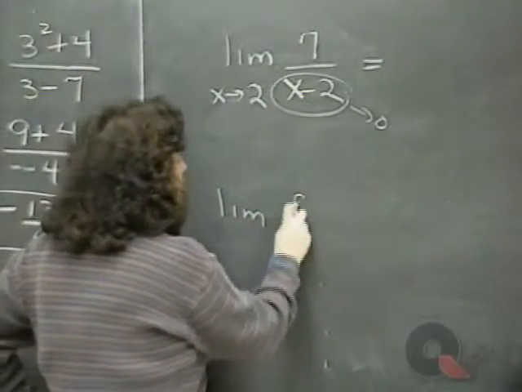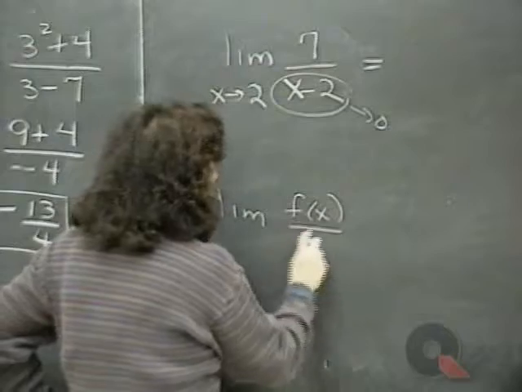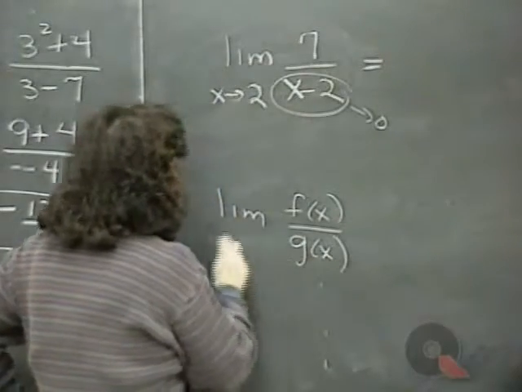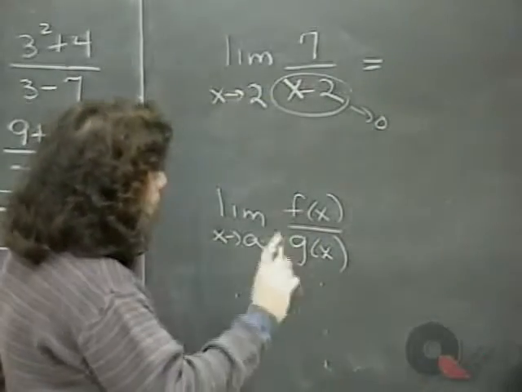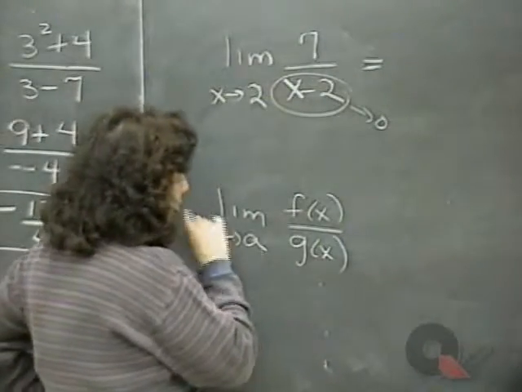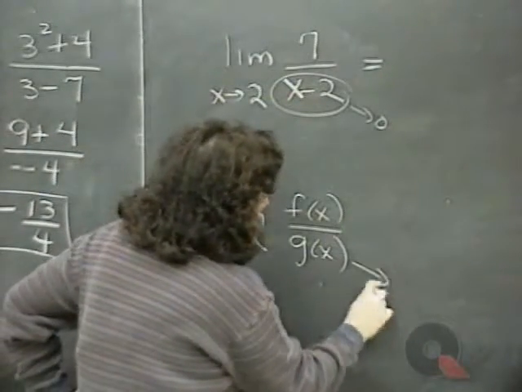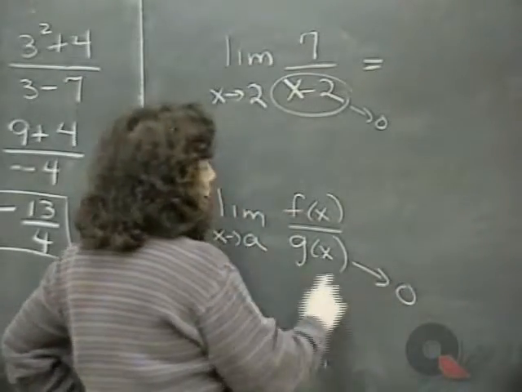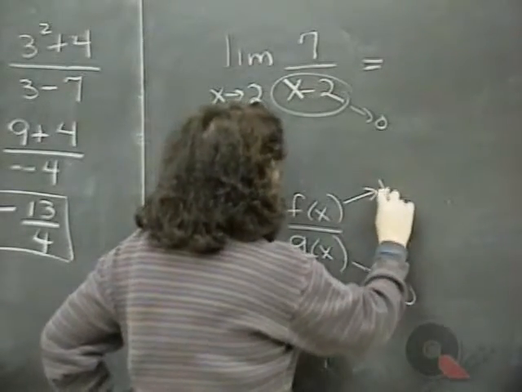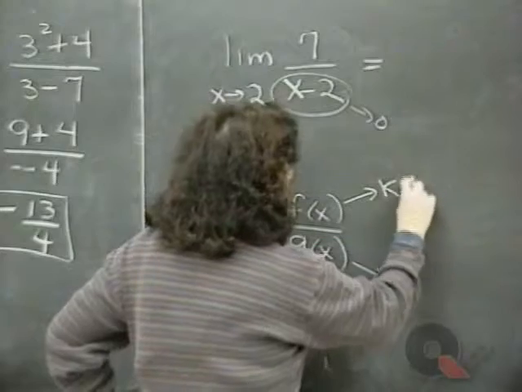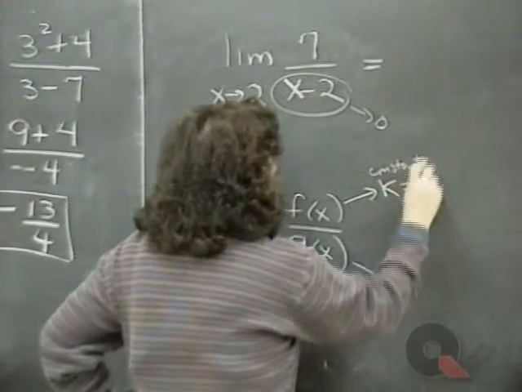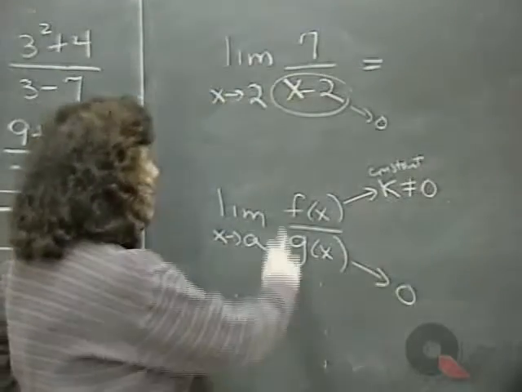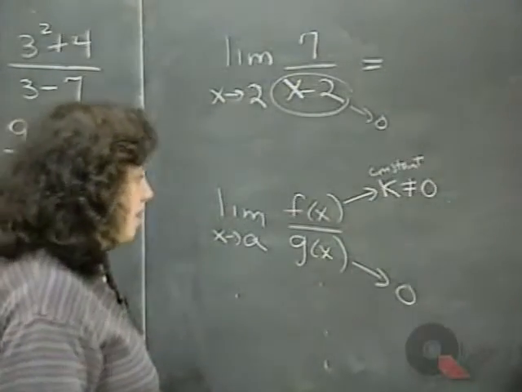We learned that the limit of f of x over g of x as x approaches a can be evaluated in the following way. If it turns out that the bottom is going to 0 as x approaches a, and the top is approaching a constant k which is not equal to 0, then this limit, first of all, does not exist.